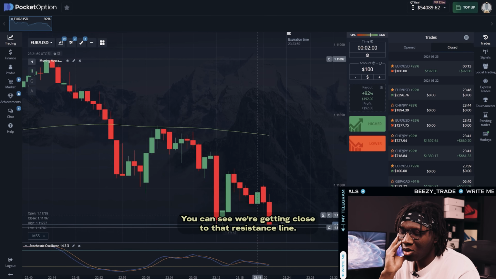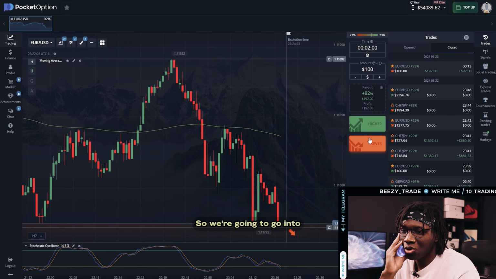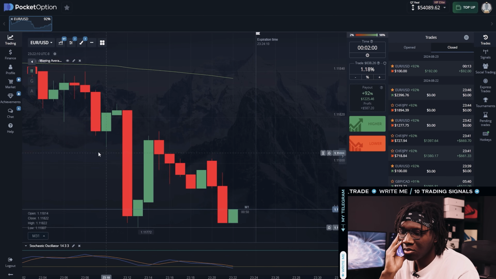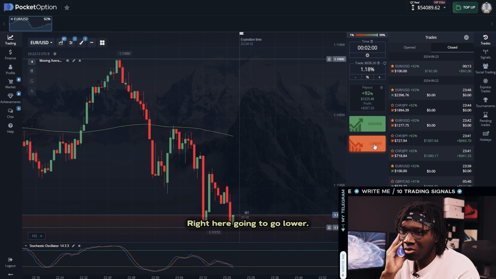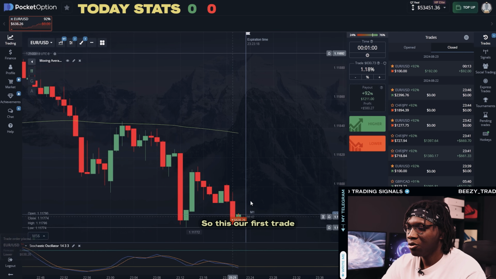You can see we're getting close to that resistance line, but I think we're gonna go past it. So we're gonna go in right here. We're gonna go lower, I think, for 1 minute. So that's our first trade entered.